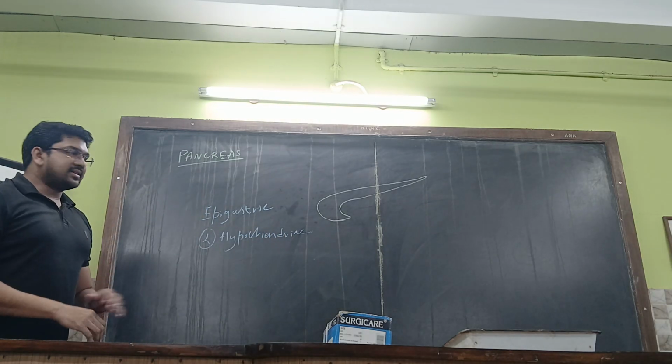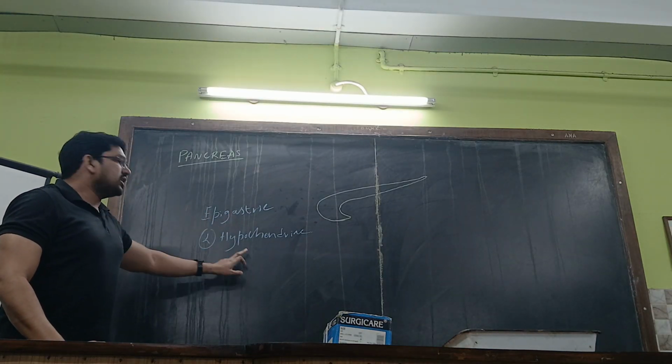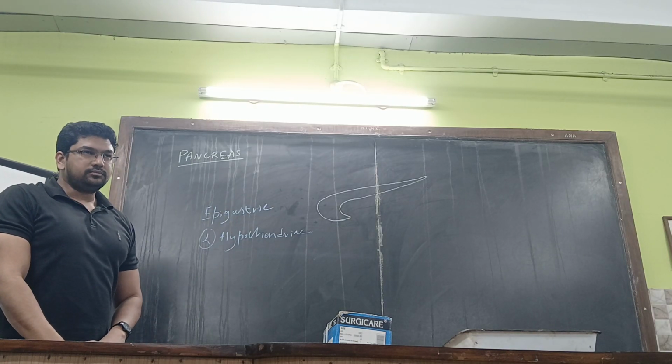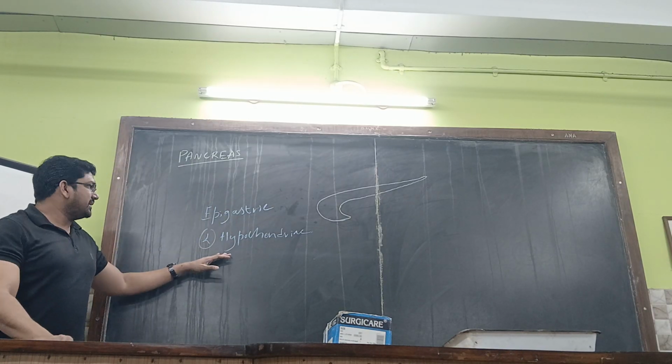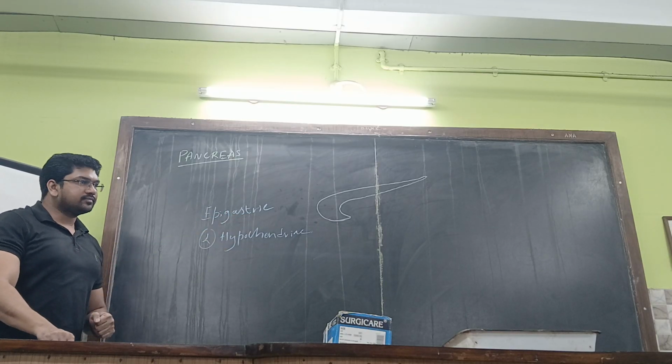So do you think it is extending all the way from epigastric to left hypochondriac region, or is there any other region over there? Is the pancreas present only in the epigastric and left hypochondriac regions, or any other region?